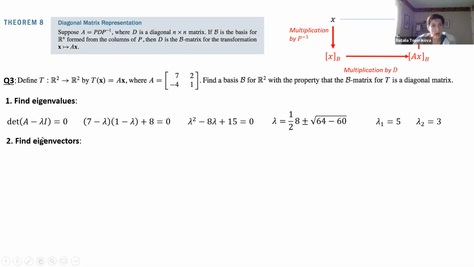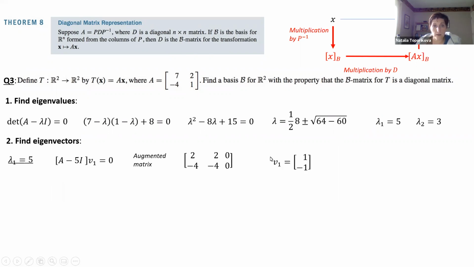Now we can go ahead and find the eigenvectors corresponding to these eigenvalues. Let's start with lambda equal to 5. We need to solve the homogeneous equation with our matrix A subtracted by 5 times the identity matrix. We write down the augmented matrix of the system, solve it, and find one of the eigenvectors.